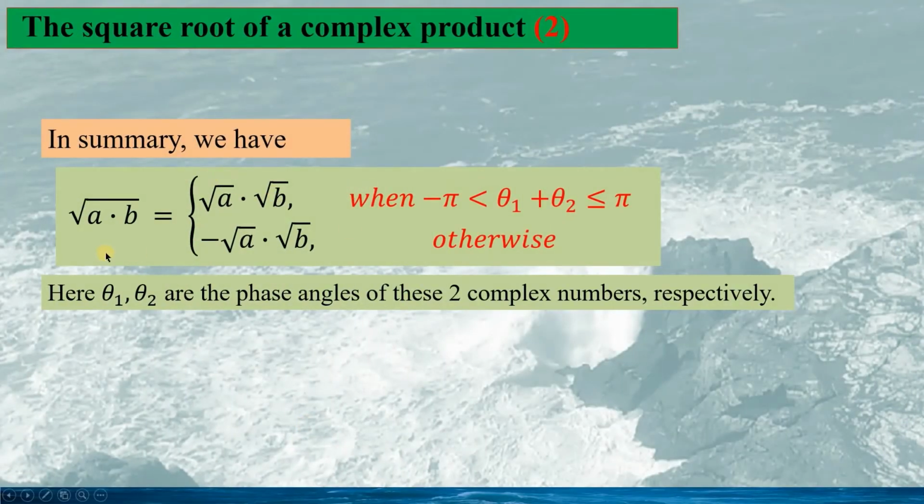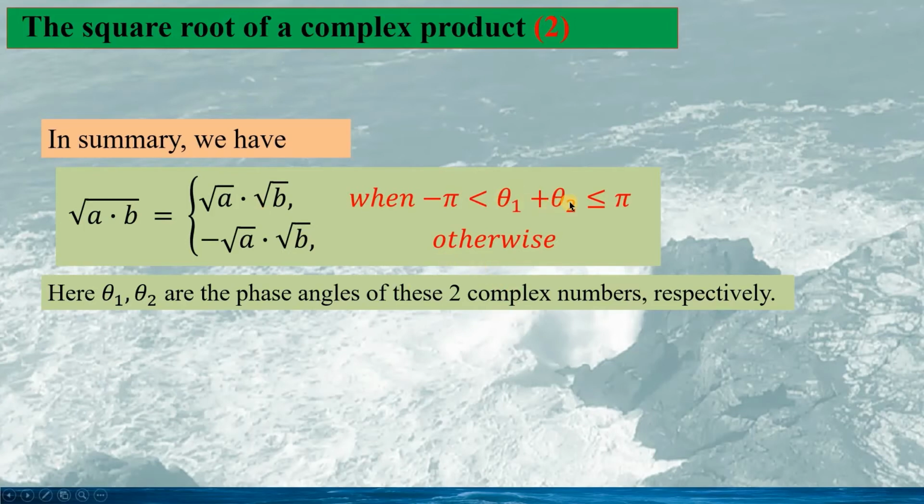So in summary, we can have an expression for the square root of the complex product, and we have 2 different expressions. When theta 1 plus theta 2 is within the limit of the principal value, then we can calculate the square root first and then multiply them together.